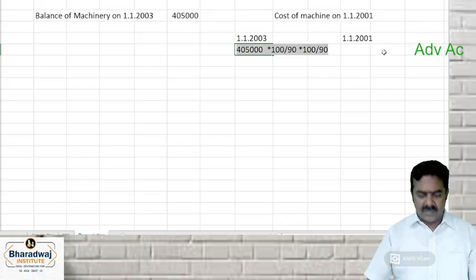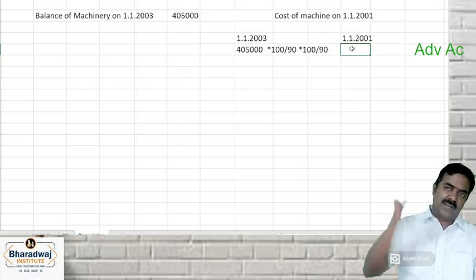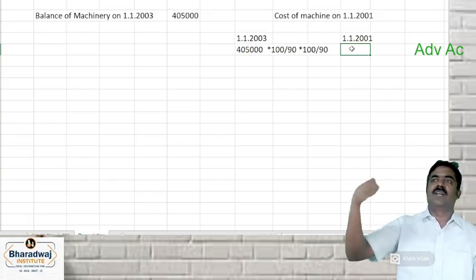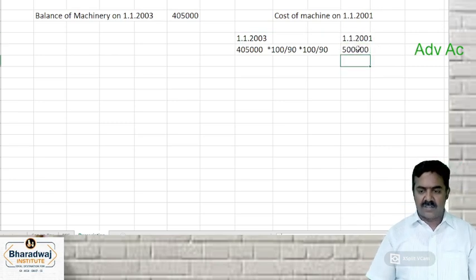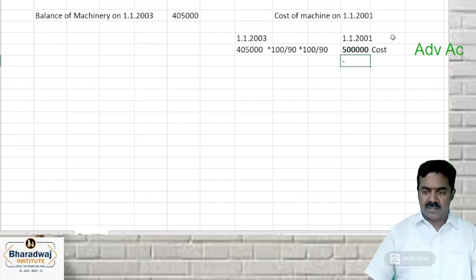So 4,05,000 into 100 by 90, 10% depreciation, so the value of the asset will be 90. Why do we multiply twice? We want to go 2 years reverse. So this is the cost of the asset. 5 lakhs is the cost of the asset. We can verify: 5 lakh at 10%, what will come? 50,000 will come.